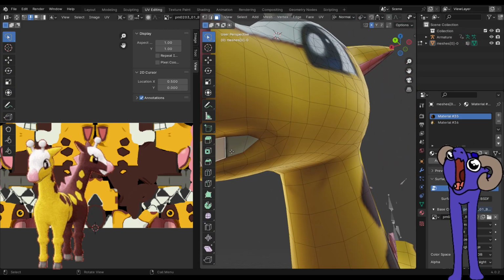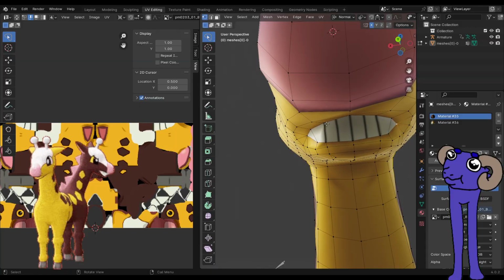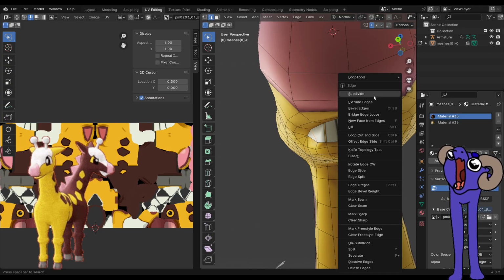The teeth are working though. Let's honestly subdivide these a little bit.